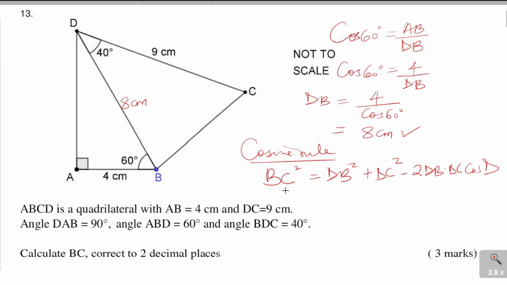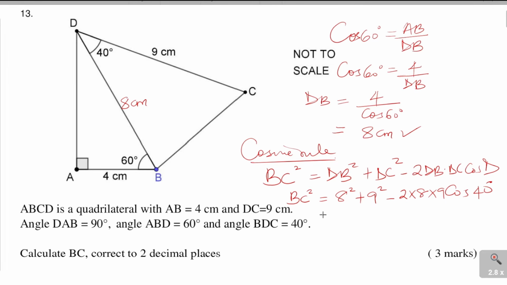Now we can proceed. BC squared is equal to DB, that is 8 squared, plus DC, that is 9 squared, minus 2 times 8 times 9 multiplied by cosine of 40 degrees.